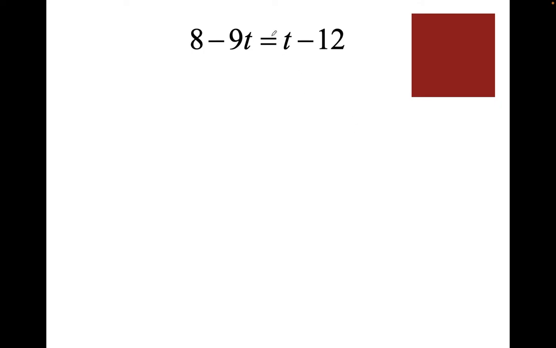Let's try this one. We have 8 minus 9t equals t minus 12. Again, our first goal is to get both of the t terms on the same side of the equation. Now, in this example, instead of subtracting t, like I did in the last one, because this is a 1t, and that is smaller than 9t, but since this 9t has the subtraction sign in front of it, I'm actually going to try to cancel out the minus 9t by adding 9t.